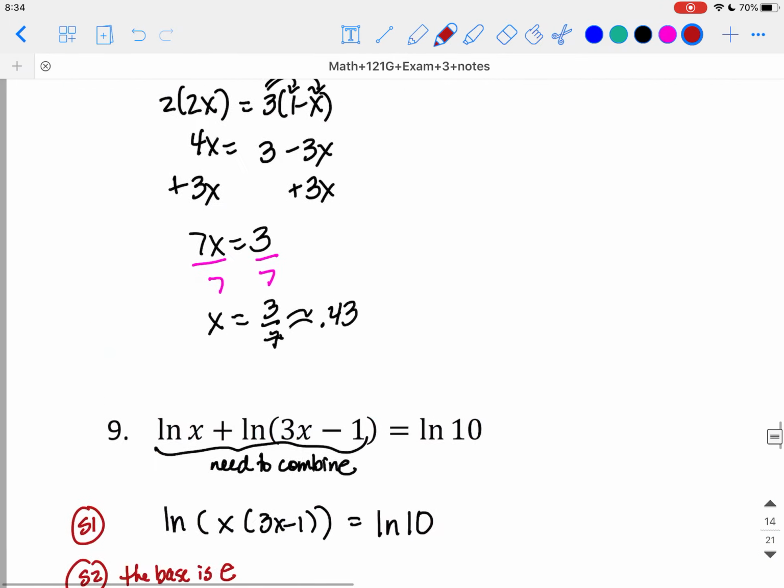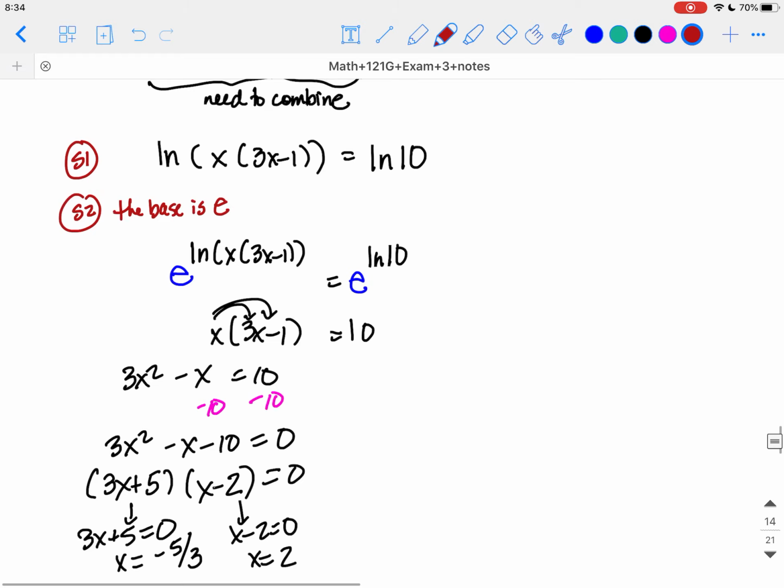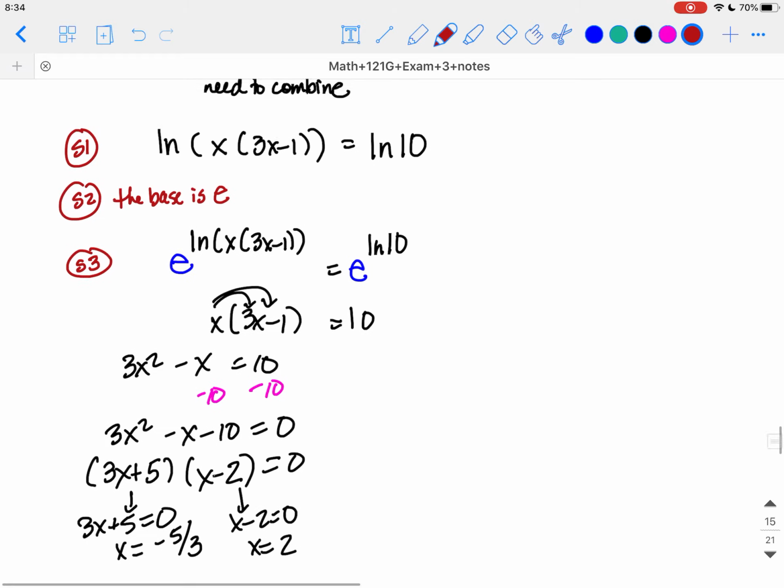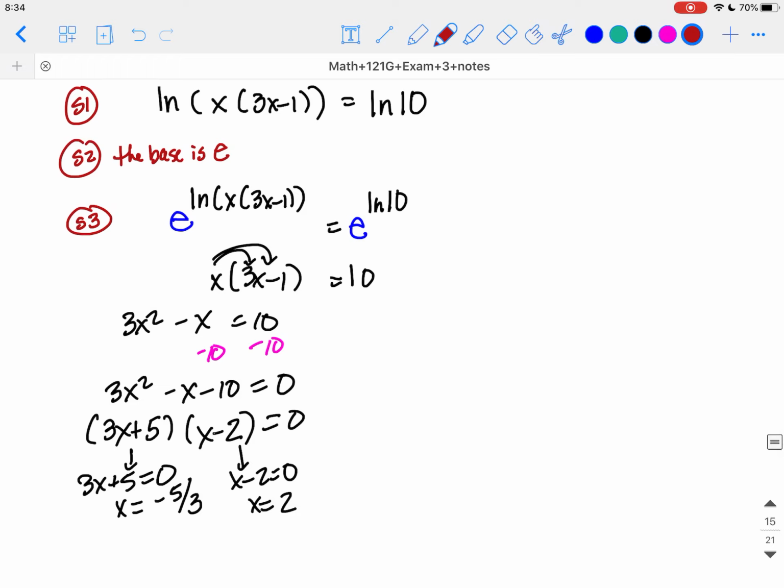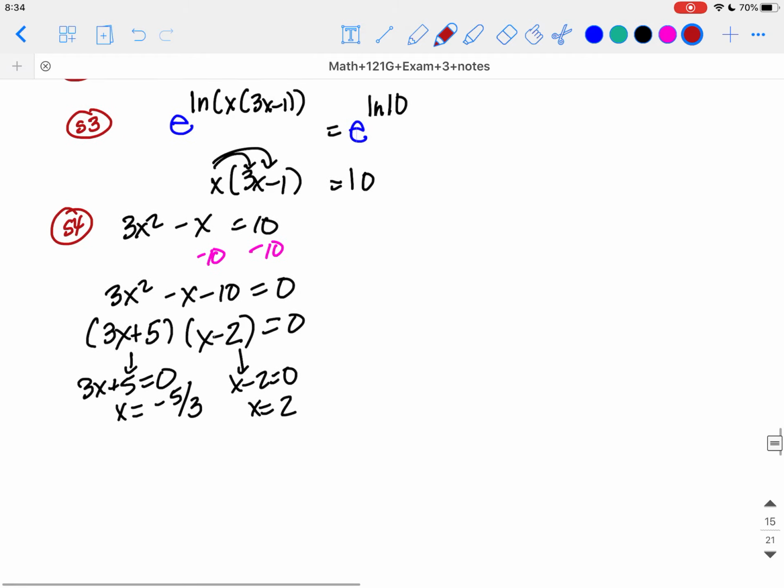Apply the inverse property. So this is the inverse property right here that we did. This is step 3 right here. And then step 4 is to just solve for x, and we need to check it.